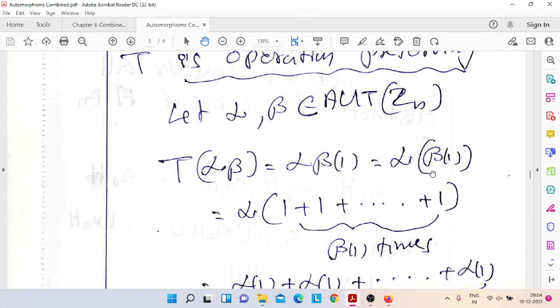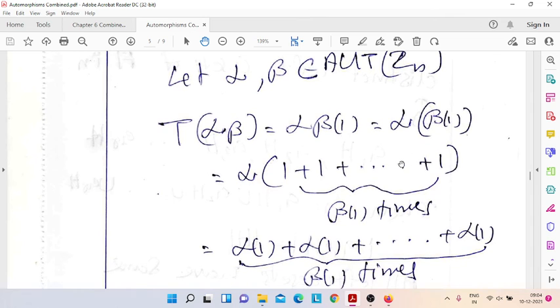But beta 1 is some integer, not any other kind of number.